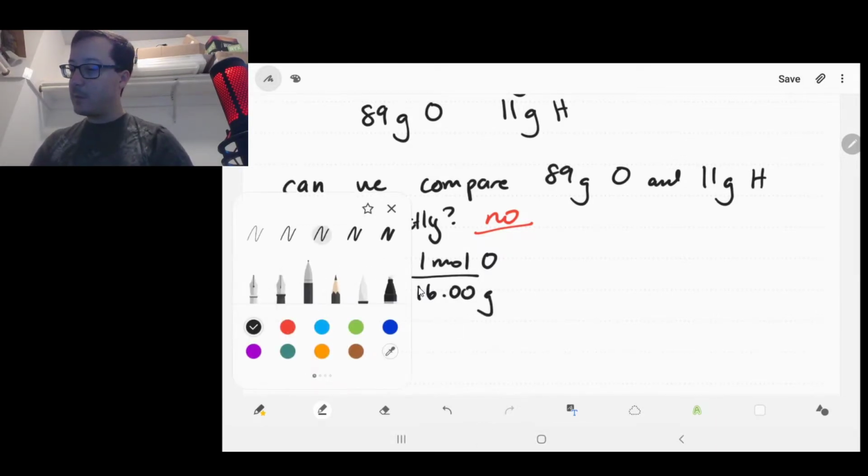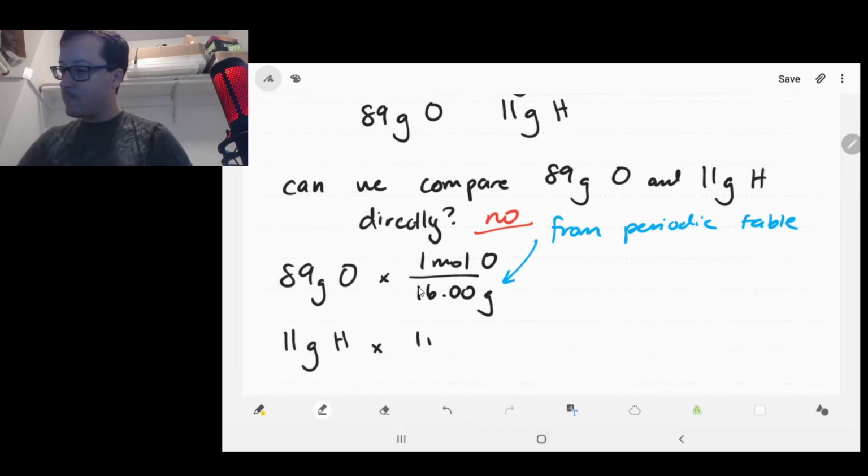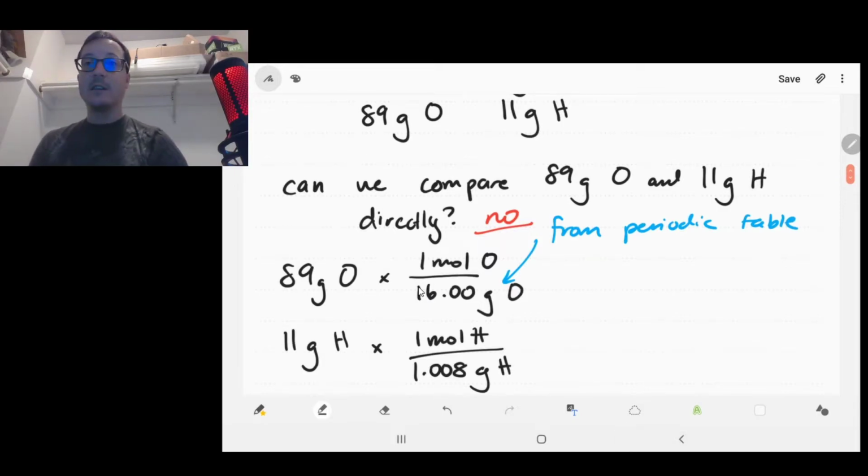Again, this number is from the periodic table. That is our atomic mass from our periodic table there. And we could do the same thing for hydrogen, except we would use its atomic mass instead. And I'm going to be very consistent when I'm using oxygen and hydrogen so I can keep things straight as I calculate.